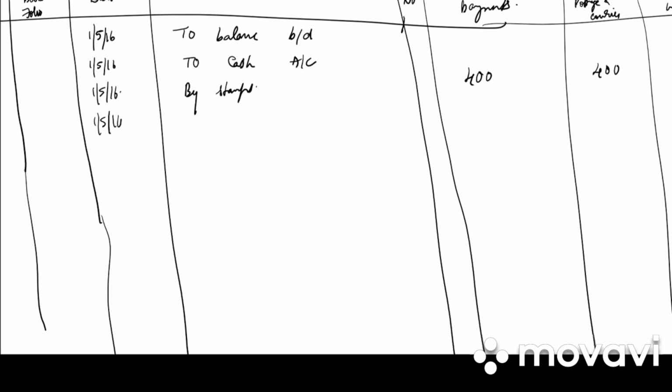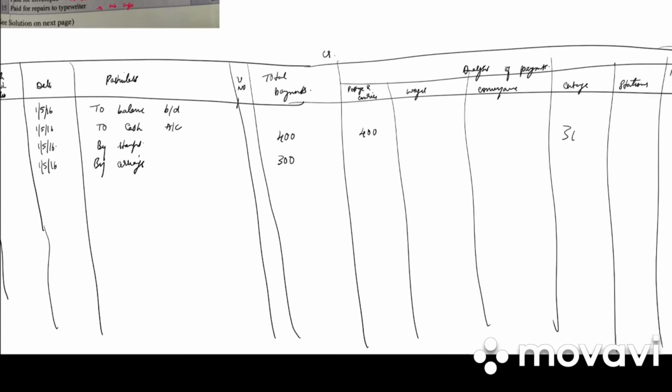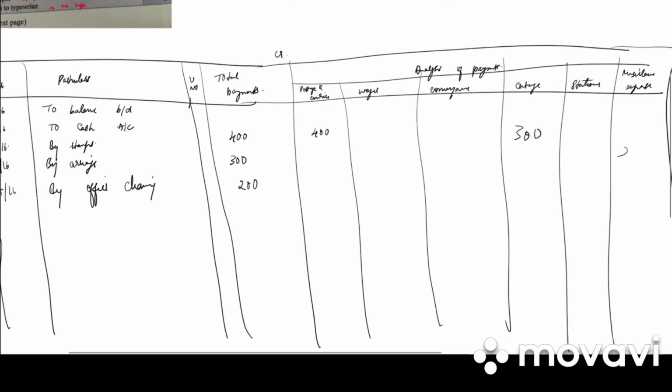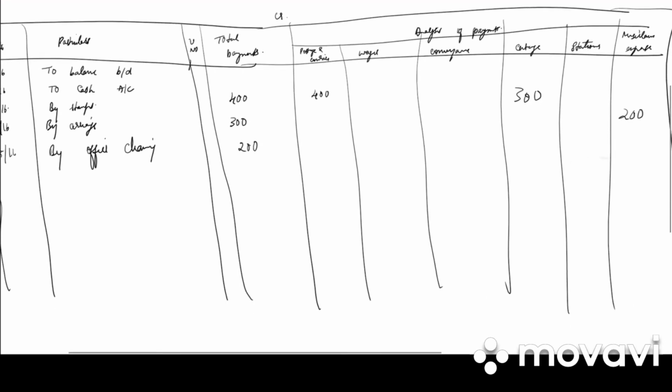Then on 1st May again we have by carriage, 300 under the cartage column. Then on 3rd May we have office cleaning. So by office cleaning, 200 under miscellaneous expenses, 200.